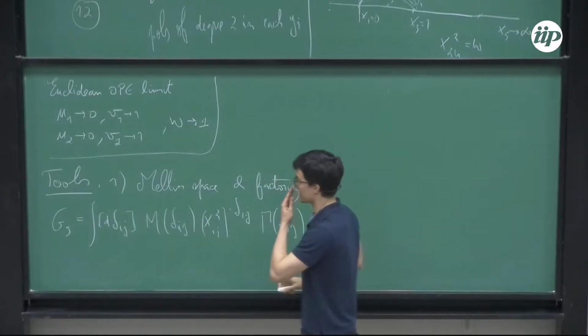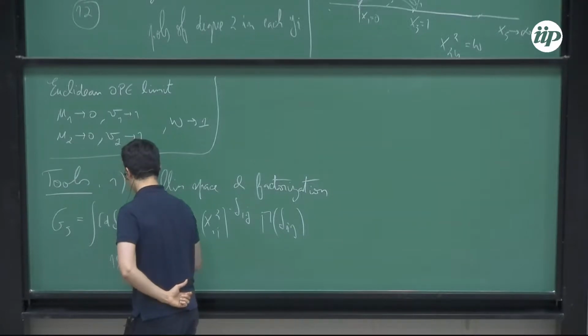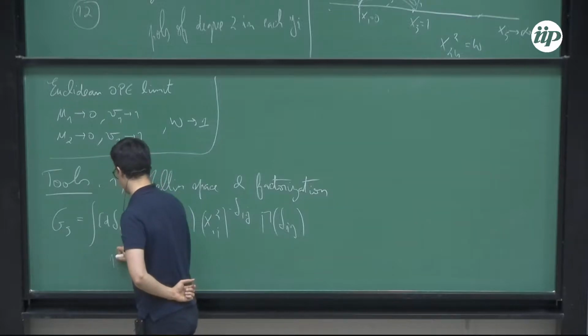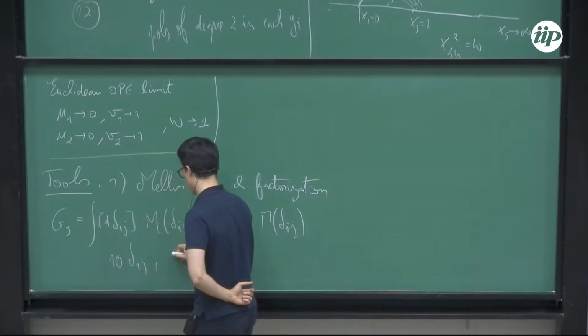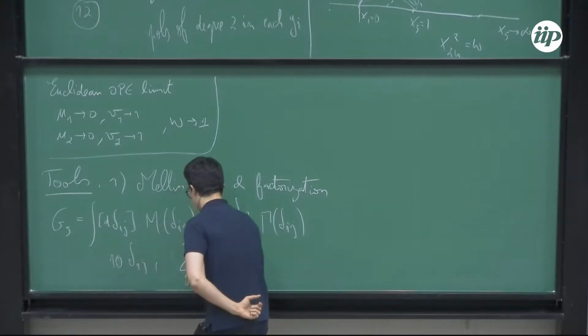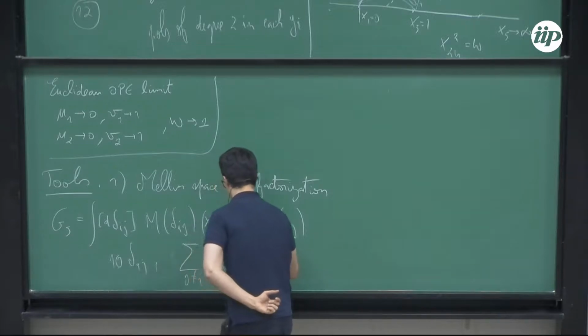In this case it's a 5-point function, so there are, oh sorry, no, that's 6 points. There are 10 delta ij's, with 5 conditions, which maybe I should write: the sum over j different than i of delta ij is equal to delta i.